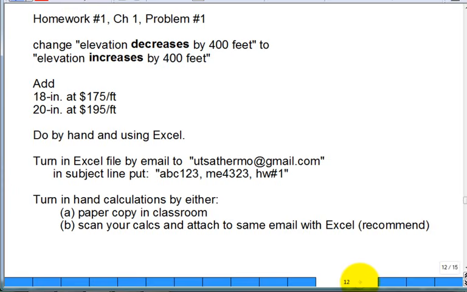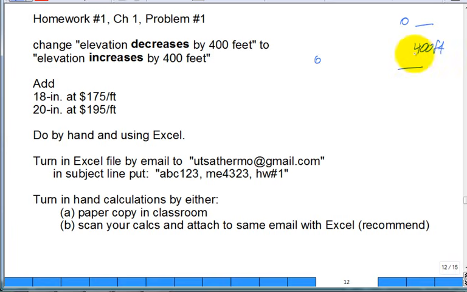Homework problem 1. First of all, make some notes and changes. Change the words "decreases by 400 feet" to "increases by 400 feet." So the pump is pumping stuff uphill, not downhill. All right? And so it's going uphill, and from the inlet to the outlet of the pipe, there's an elevation change of 400 feet going up.